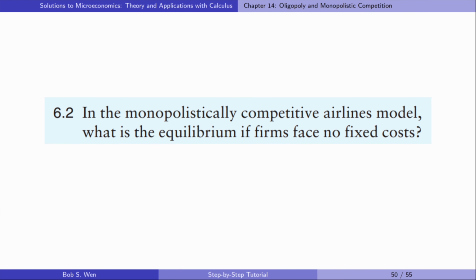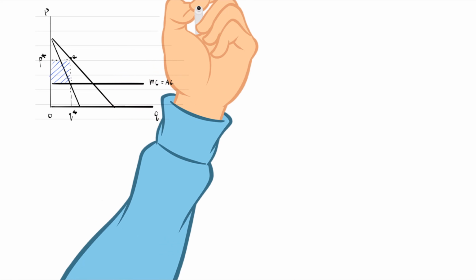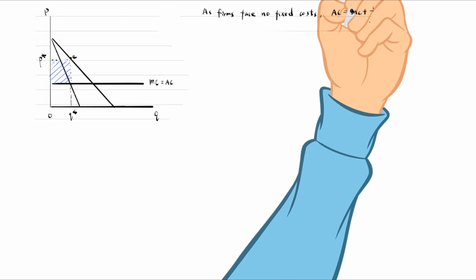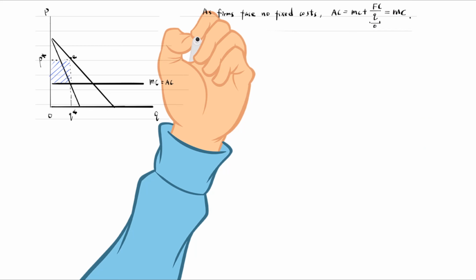Let's solve exercise 6.2. In the monopolistically competitive airlines model, what is the equilibrium if firms face no fixed costs? As firms face no fixed costs, the average cost equals the marginal cost.